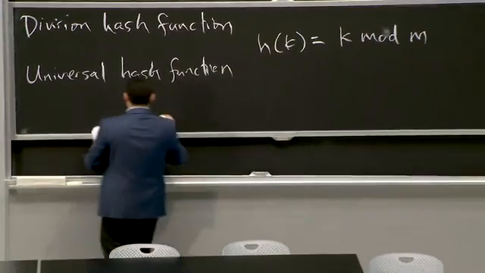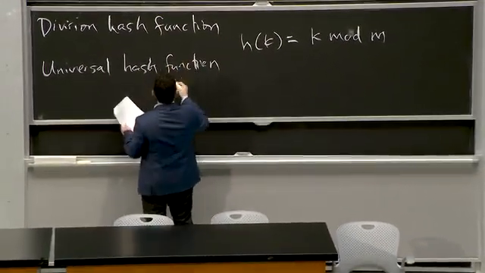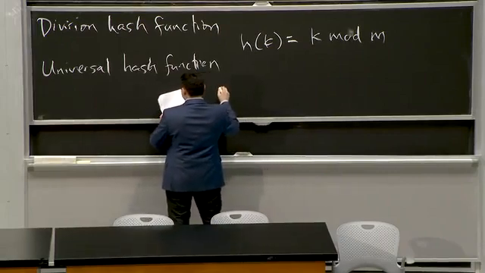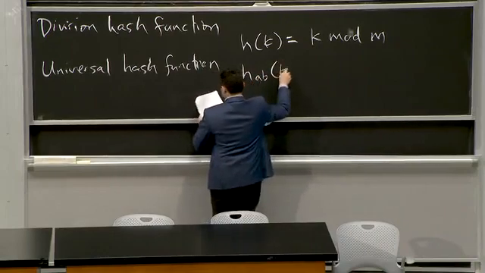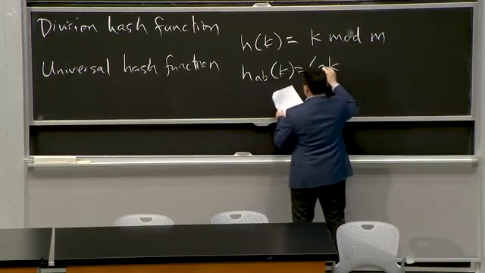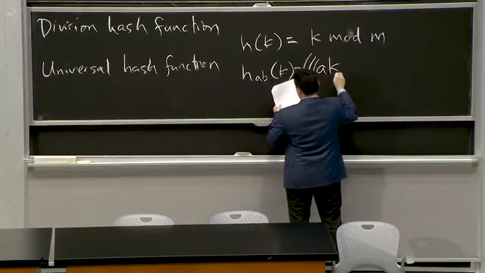So here's the hash function. Doesn't look actually all that different. Goodness gracious, how many parentheses are there?